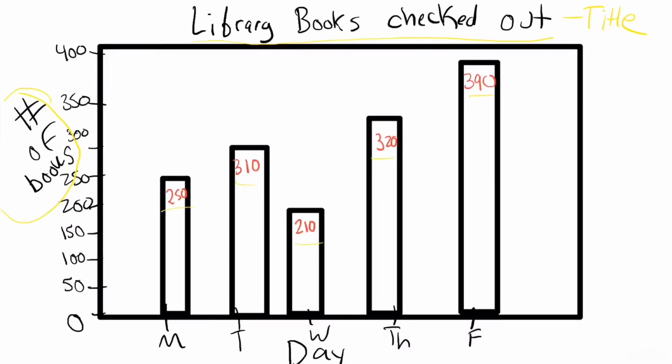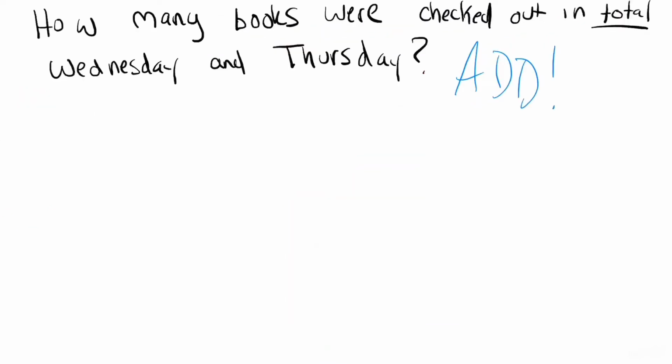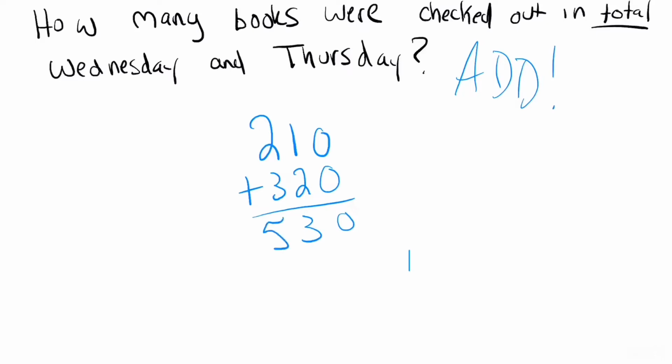So Wednesday is 210, and Thursday there were 320. So you're going to take these two and add them together. 210 plus 320 is 530 books.